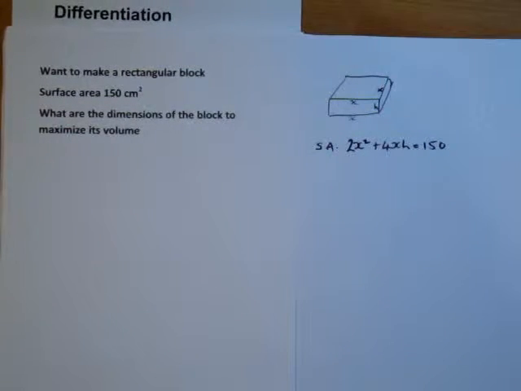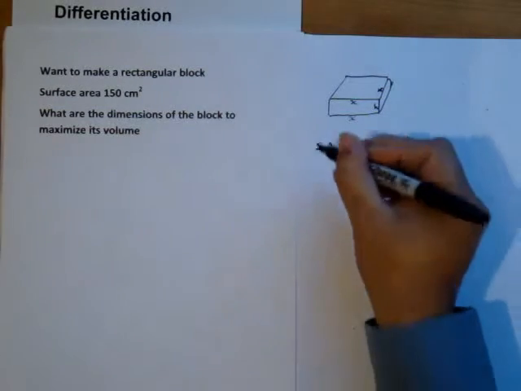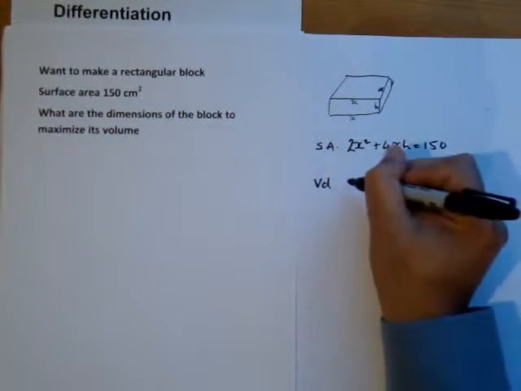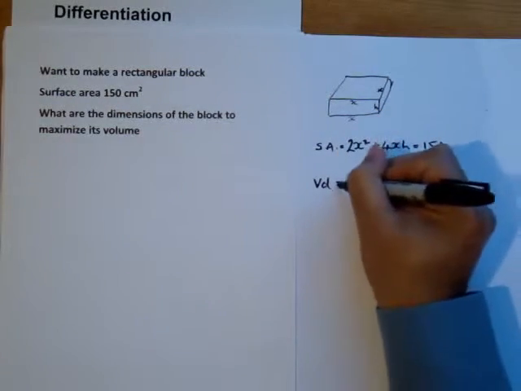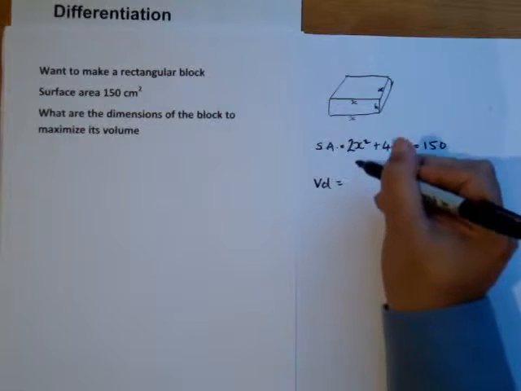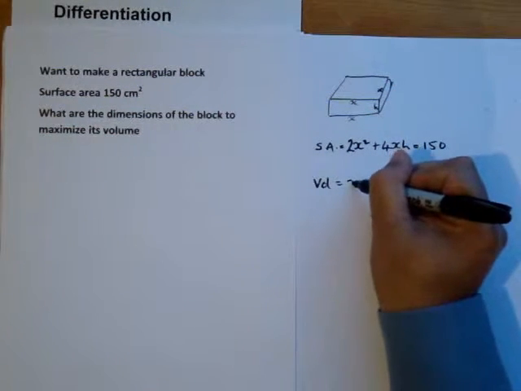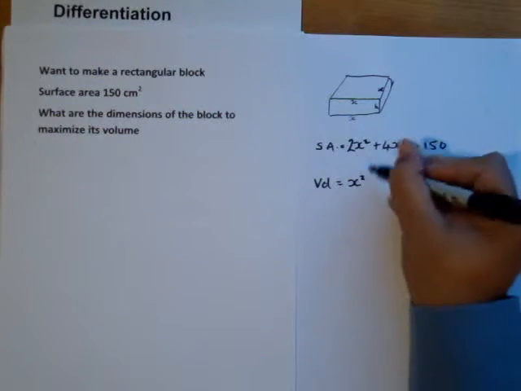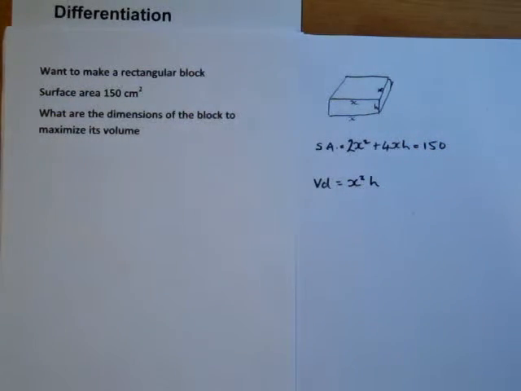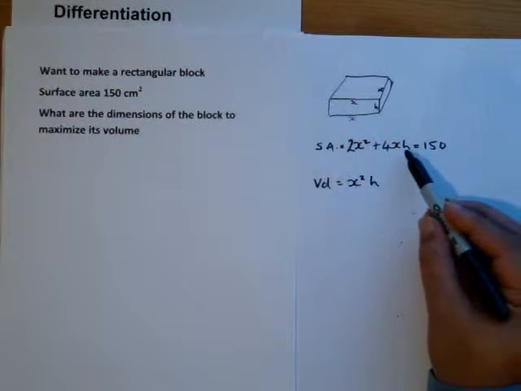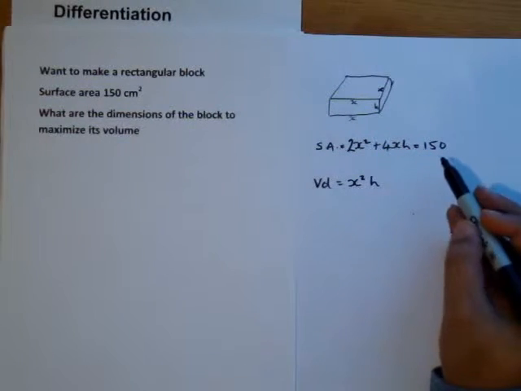Now what we're trying to optimize is the volume, which equals x squared, x times x, multiplied by h. Now what we need to do is get rid of one of the variables, because we've got 2 variables here, so we can make h the subject of the surface area.